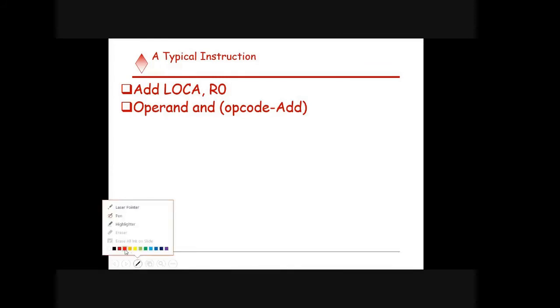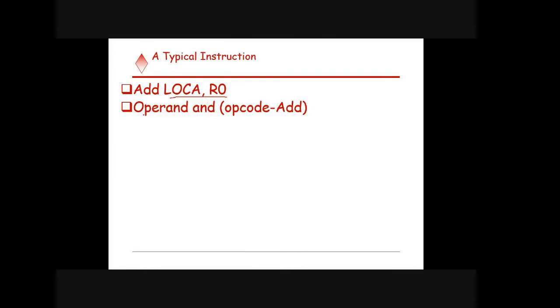And what are the operands? What data is present inside the instruction? That is location A and R0. Location A is an address like 2000 or 3000. The content inside that 2000 is one operand and the content inside R0 is another operand.